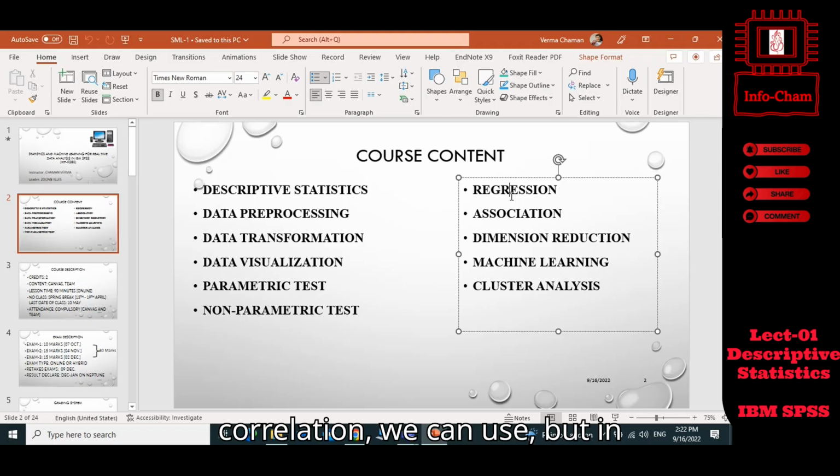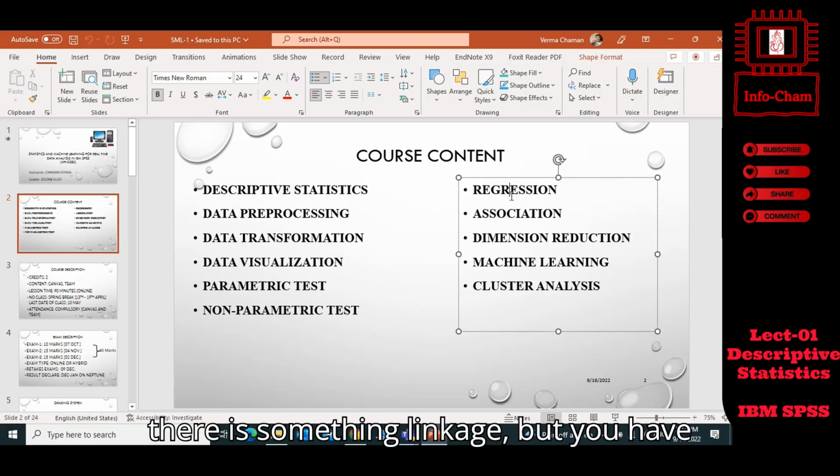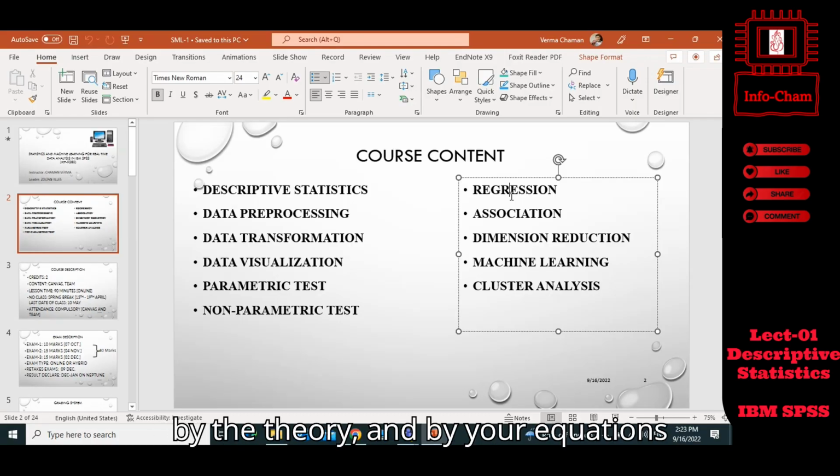If there is no correlation, we can use it in other aspects, but there is no meaning for that data. If there is some connectivity, you can show there is a linkage, but you have to prove it by the facts, by the theory, and by your equations. That is the association. Okay.